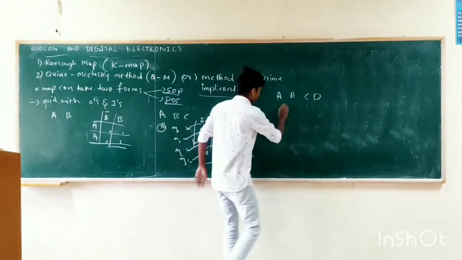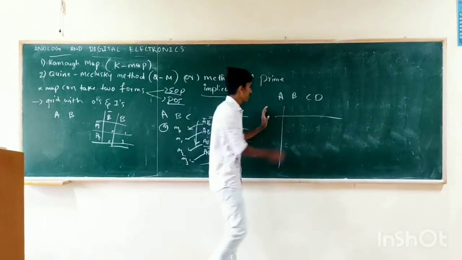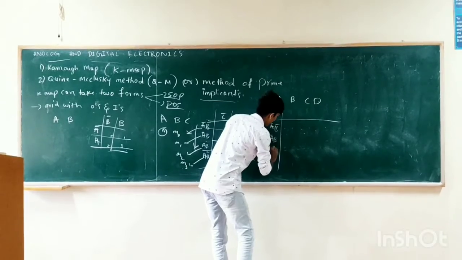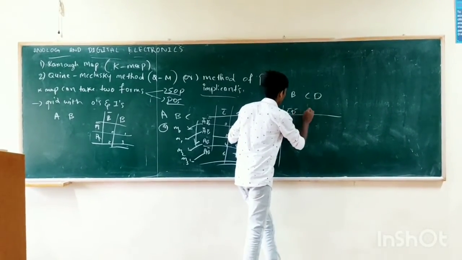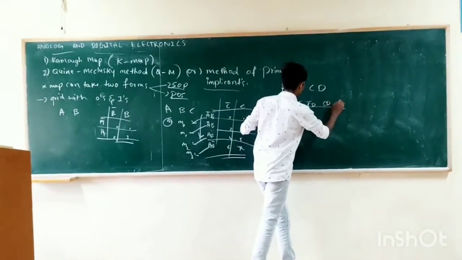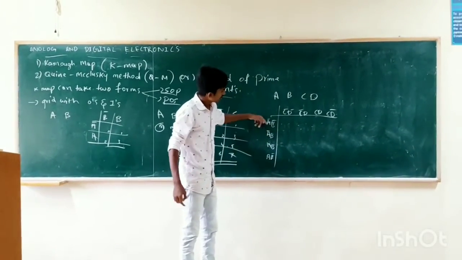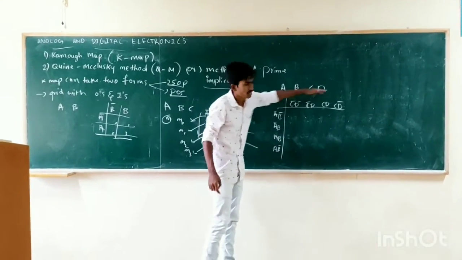The structure of a K-map having 4 variables is: A bar B bar, A bar B, A B, and A B bar, and C bar D bar, C bar D, C D, and C D bar. A B we write vertically, and C D horizontally.